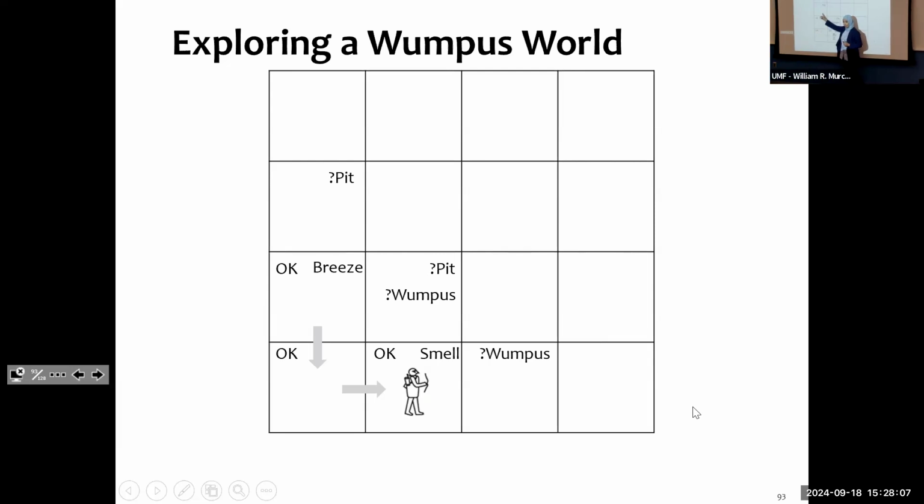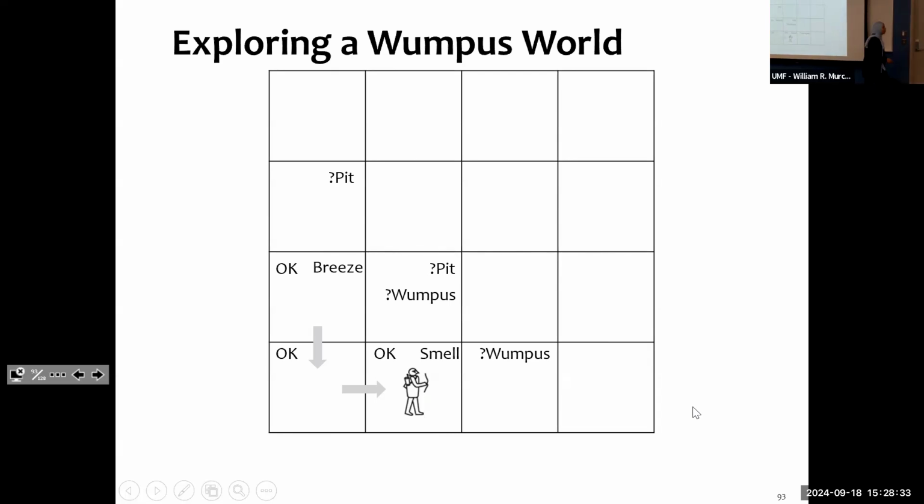We are not sure if the pit is here or here. At this point, we know that there could be a wumpus here or here. But given this room, what extra knowledge do we have? We have 2 possibilities: it could be a pit, or it could also be a wumpus.